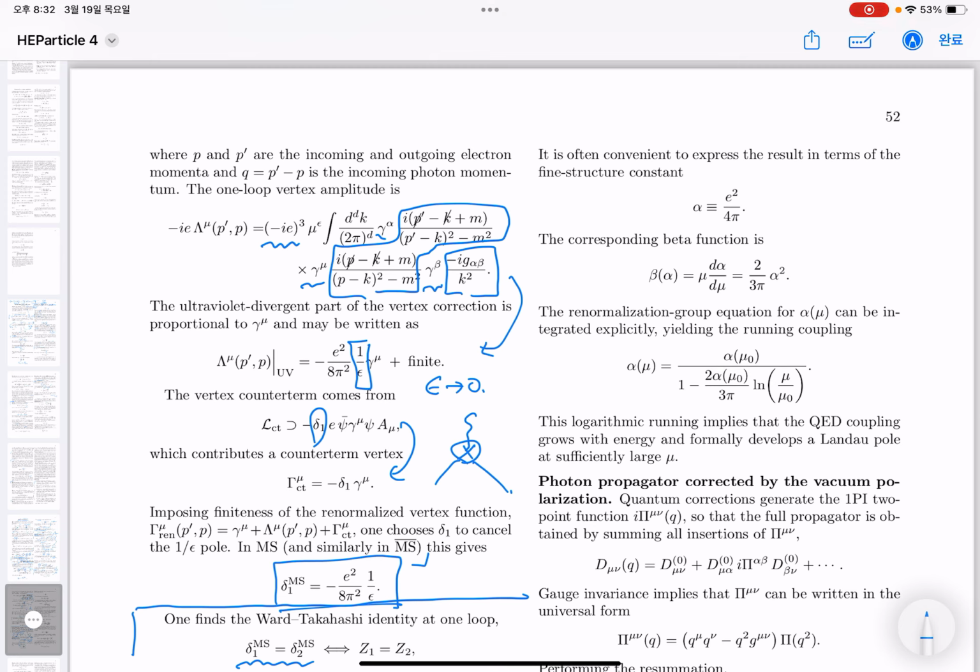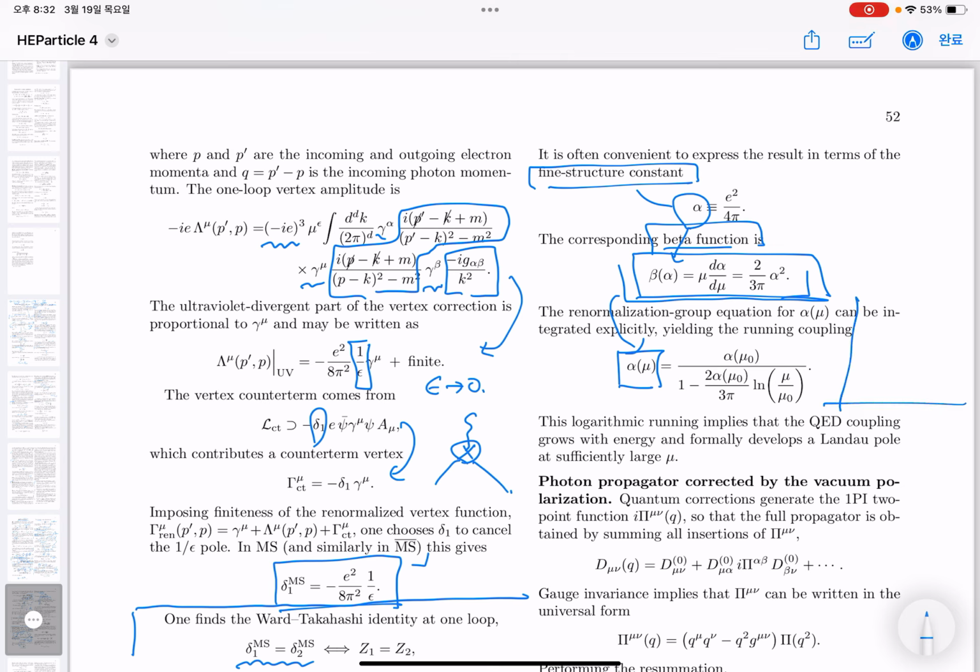For convenience, one can define the fine structure constant, which is a dimensionless quantity, as the electric charge squared over 4 pi. For this fine structure constant, we can find the beta function for alpha, and by solving this differential equation, the solution gives the running coupling.